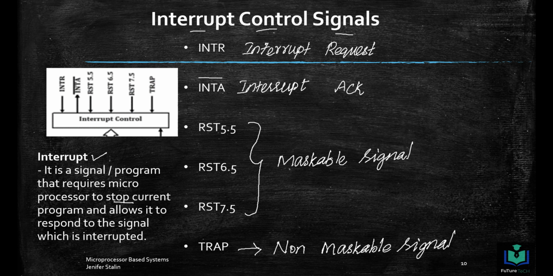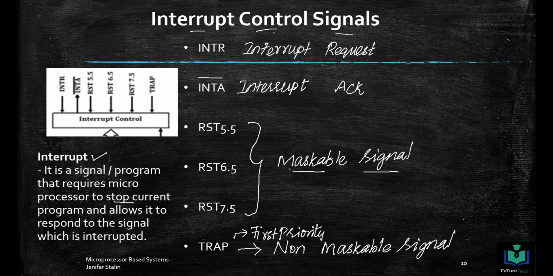Maskable in the sense that the designer or the programmer can change the information. Non-maskable in the sense that the designer or the programmer cannot make changes with this signal. And out of these four signals, the trap signal is given the first priority, followed by the RST signals.